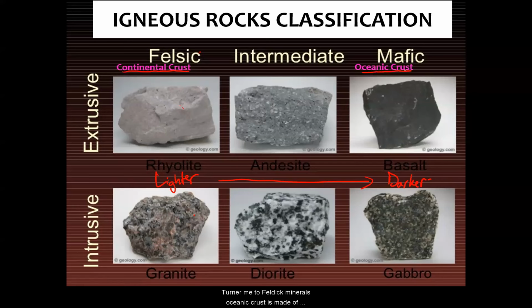Oceanic crust is made of mafic rocks, and those rocks are made of mafic minerals. Intermediate rocks have both mafic and felsic minerals in them. And so they end up having an intermediate color. We'll see more about that in the igneous rocks lecture.